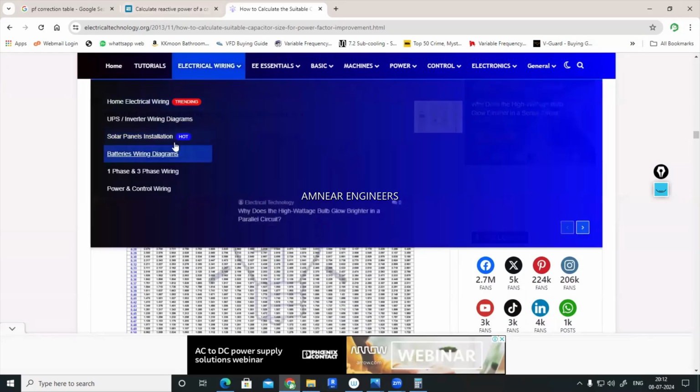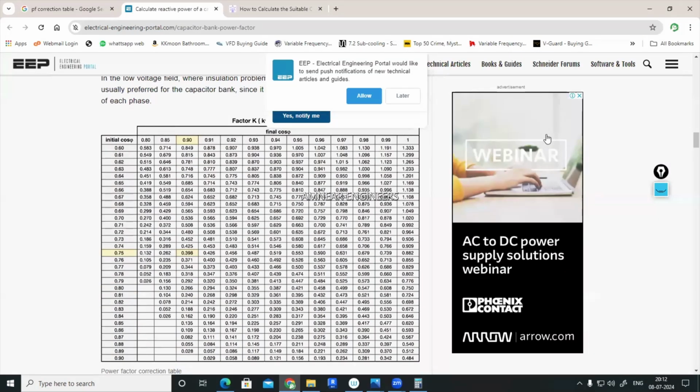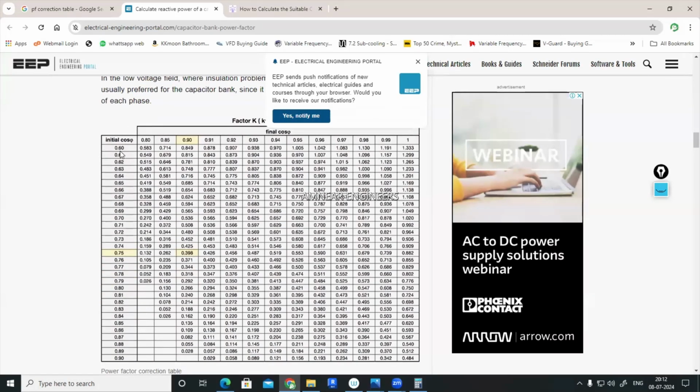Range can be different, but the values inside are the same. For example, here we are having 0.6. If I'm taking a value, my initial power factor, initial cos phi, is 0.6. Final power factor is 0.95. My value is 1.005.